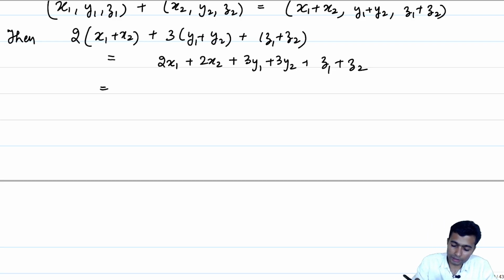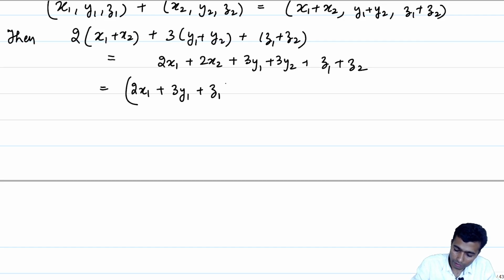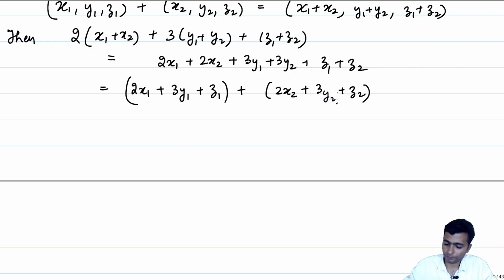And the addition is commutative, and using that we can write this as (2x1 plus 3y1 plus z1) plus (2x2 plus 3y2 plus z2).